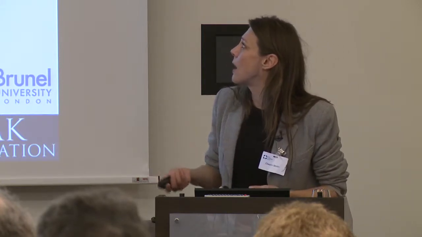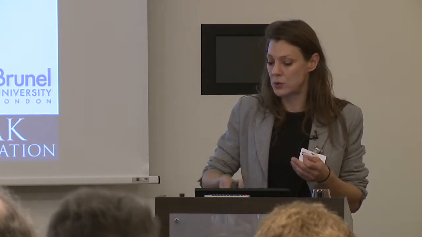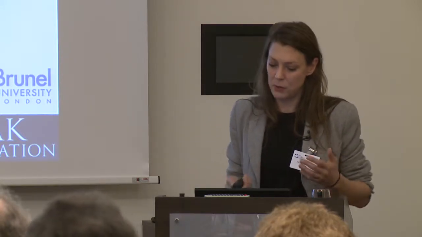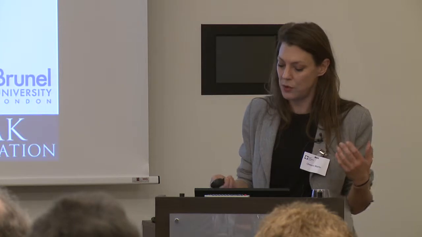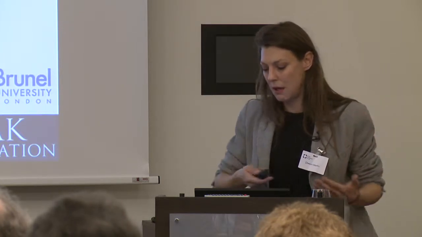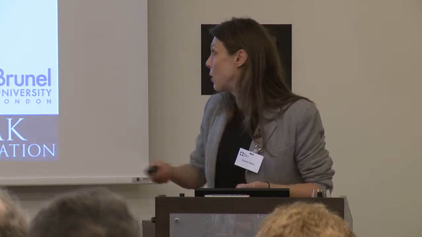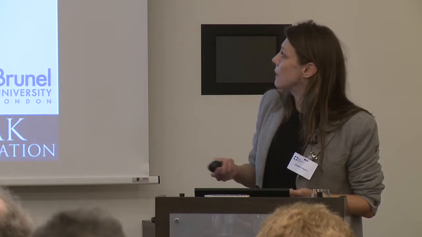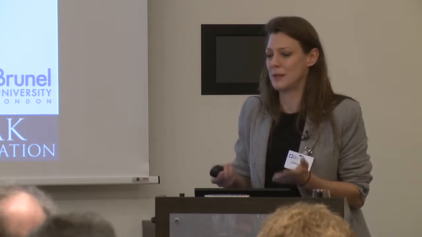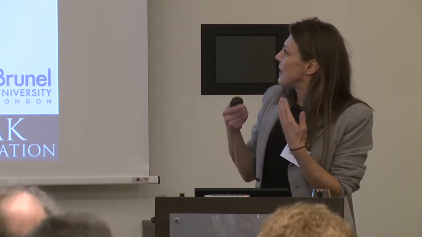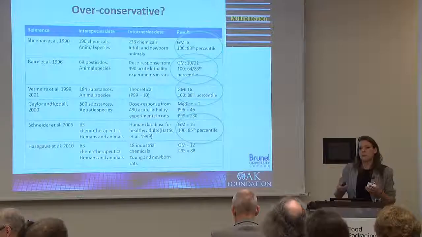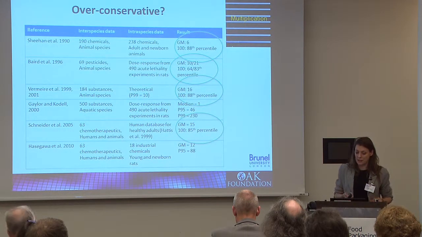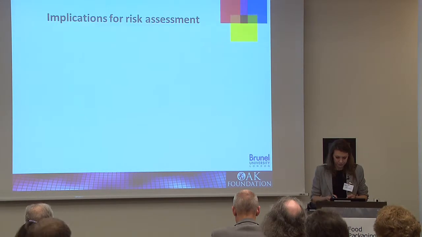But in terms of where the factor of 100 was on this overall distribution, they found more or less that it would be sufficient for about 83 to 88% of chemicals, or in 83 to 88% of cases. So we see that you have roughly 15% of cases that are not covered by this factor.